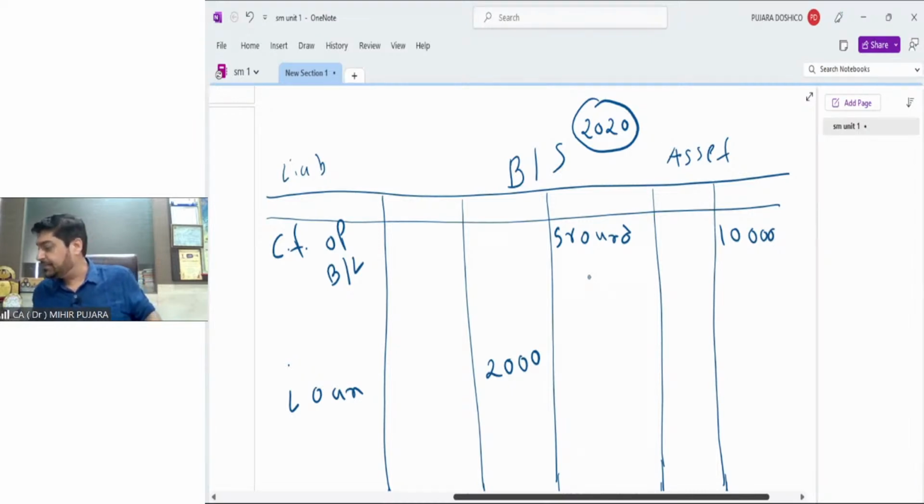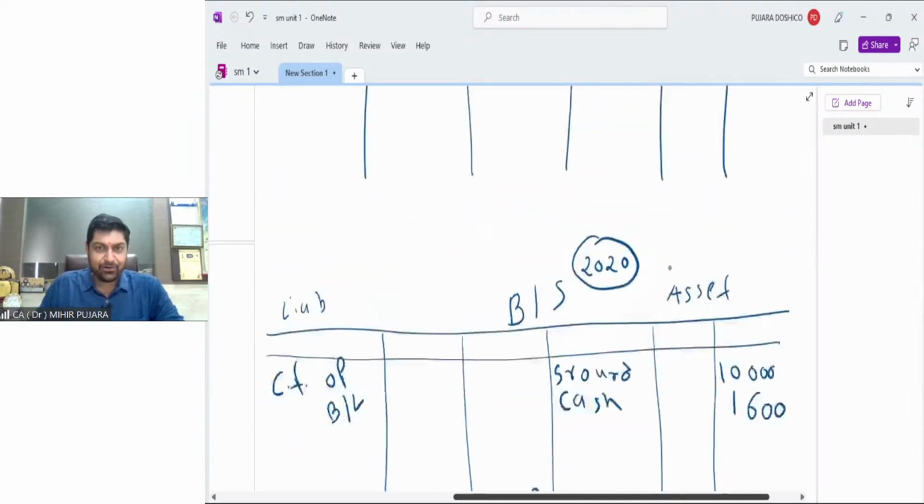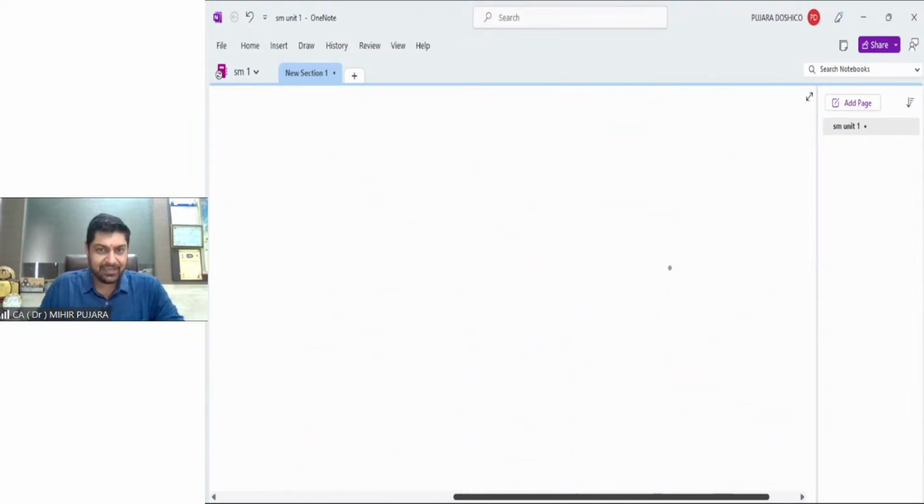And the last point is that on 31st December 2020, cash in hand is 1600. It is your closing cash balance. And don't forget to write this closing balance in the RNP account also.